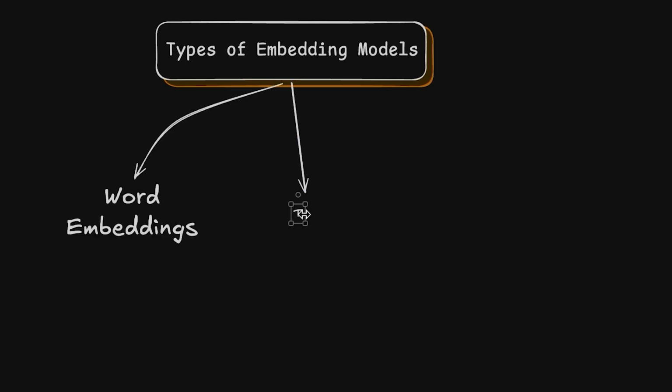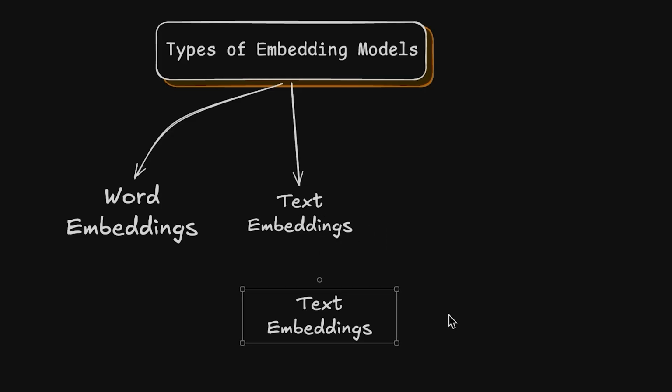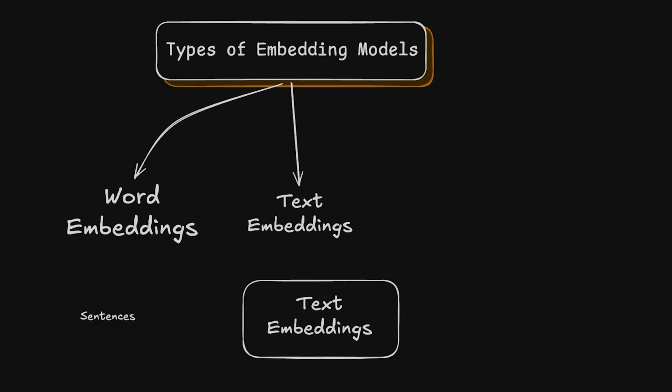Now, the second type of embedding model that we have is the text embedding models. As you might have guessed, text embedding models take sentences, or you can even take a paragraph, or the entire document can be sent to these embedding models as an input.